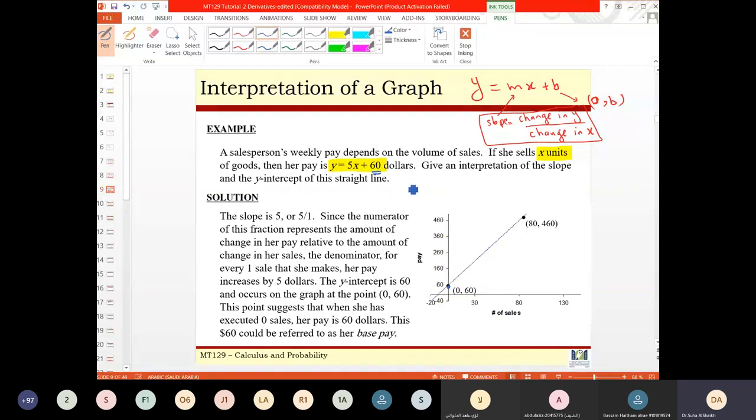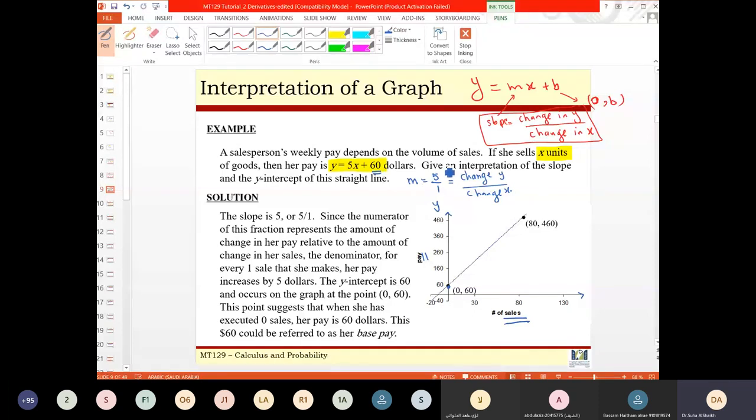So what does it mean? The 5, which is the rate of change, the slope, is 5 over 1. And as we said, this means the change in y divided by the change in x. What is my x? It's the sales. What is my y? It's the pay.